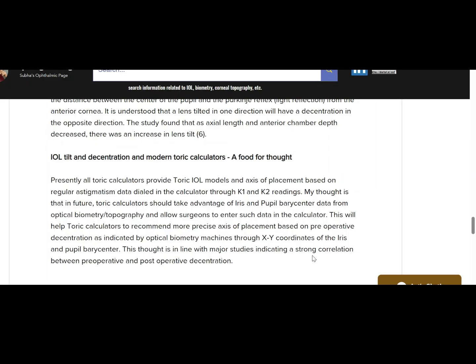But probably in future we will find innovation in the toric calculators which will also take your inputs of x and y coordinates from the iris or pupil barycenter, account for the decentration of the eye, and provide you the axis of implantation. I hope this will be done in the future, because this is an important subject. X and y coordinates, decentrations in the eye can lead to residual astigmatism, and this must also be taken into account by the toric calculators.